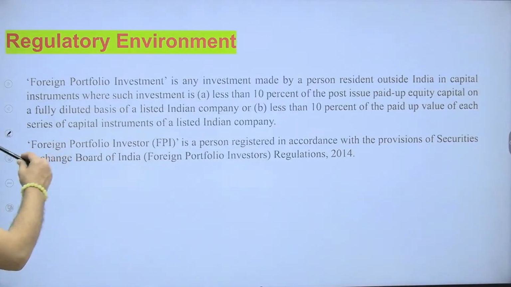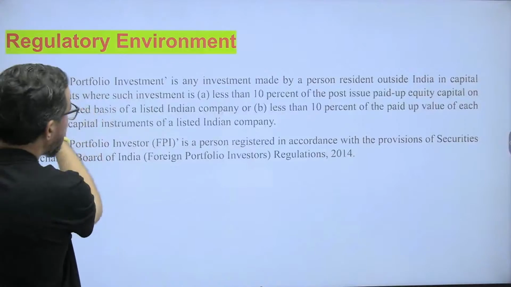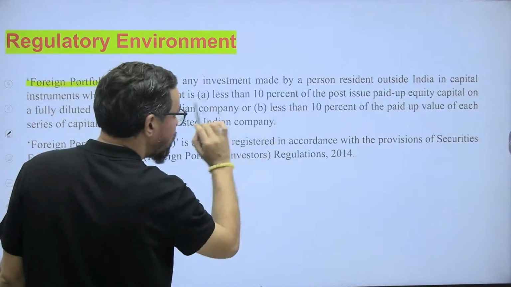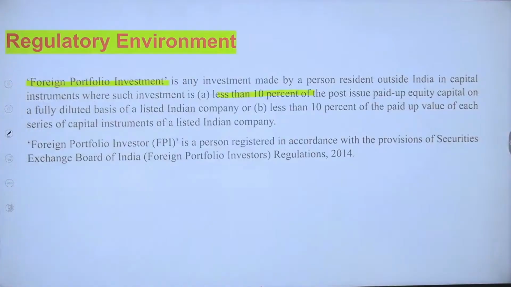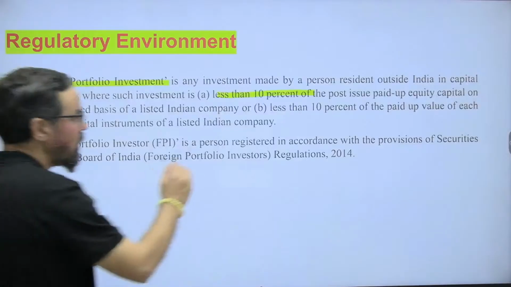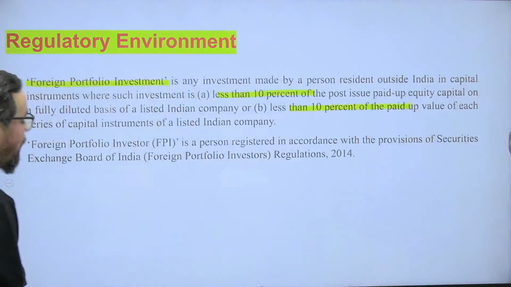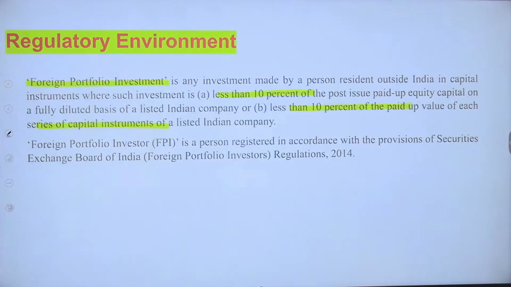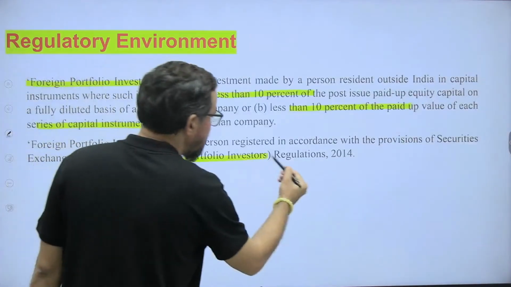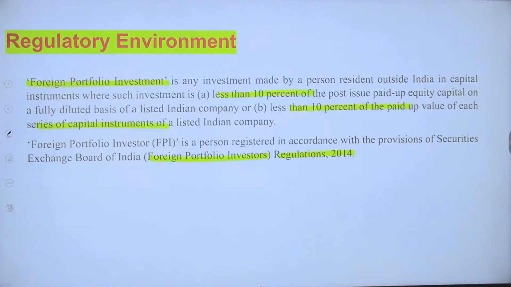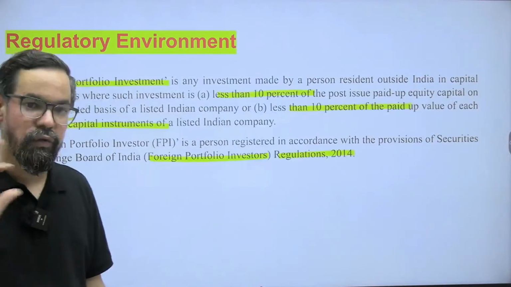Okay, this is something when it comes to the regulatory environment for foreign portfolio investment. Compared to FDI, FPI is less than 10% of post issue paid up capital on a fully diluted basis, or less than 10% of paid up value of each series of capital instruments of the listed Indian company. An FPI is a person registered in accordance with the SEBI Foreign Portfolio Investors Regulations 2014, earlier the FIIs. The earlier one was FDI, 10% and above in case of a listed company on a fully diluted basis.